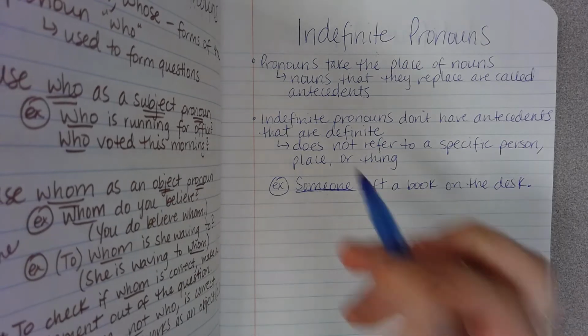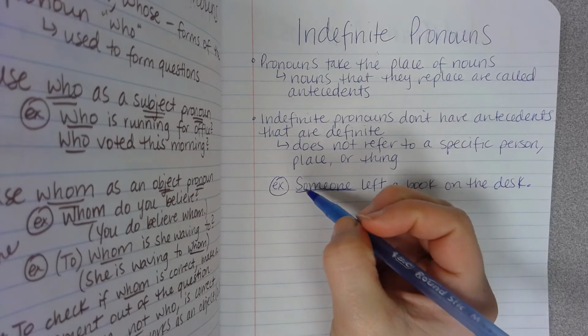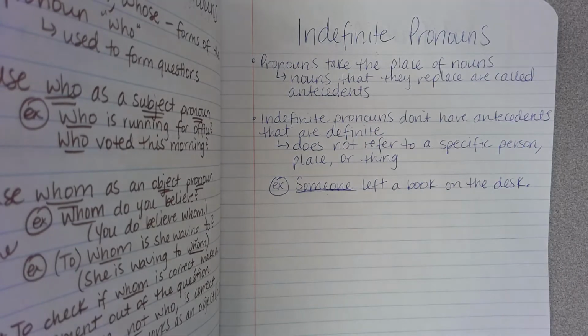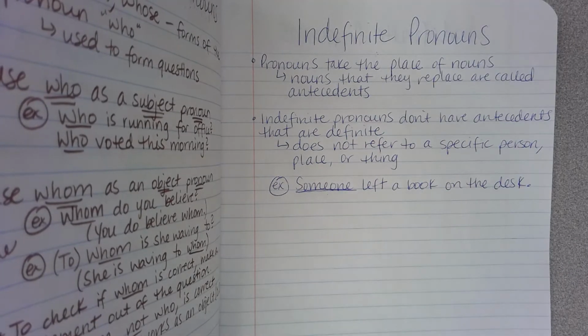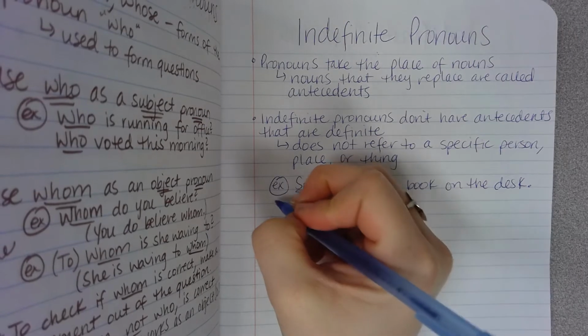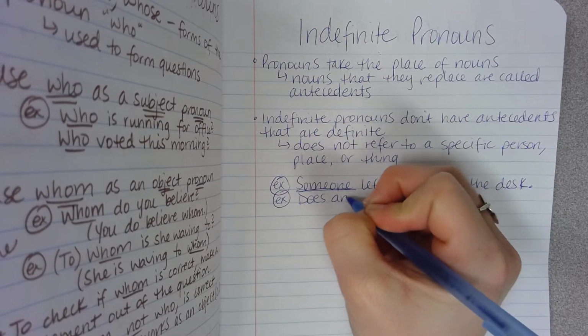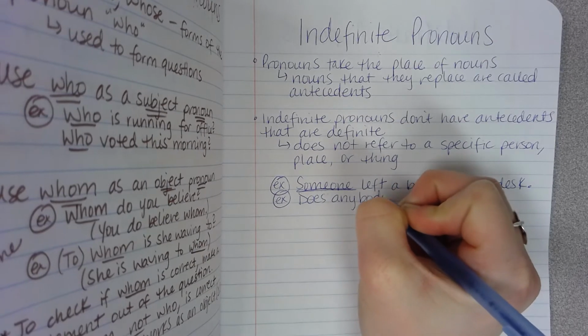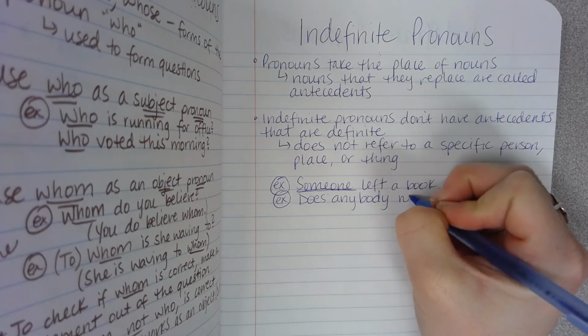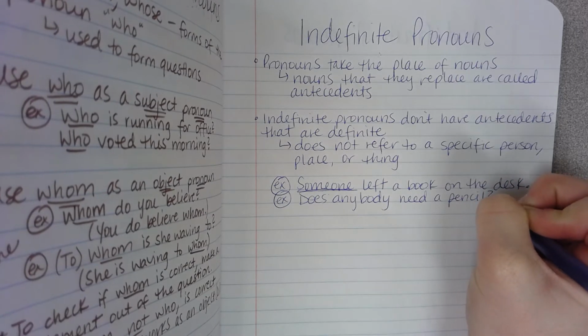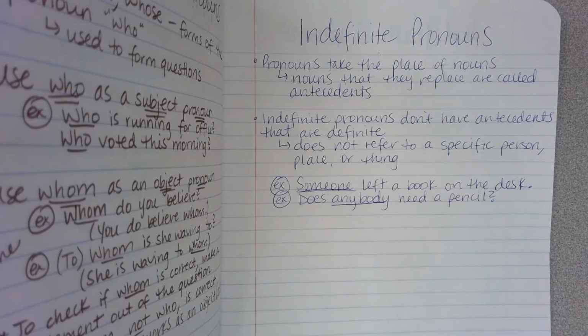You'll notice that the words that we use for indefinite pronouns kind of have a similar part to them, and you'll get that shortly here. So here's another example for you. Does anybody need a pencil? Anybody is our indefinite pronoun.